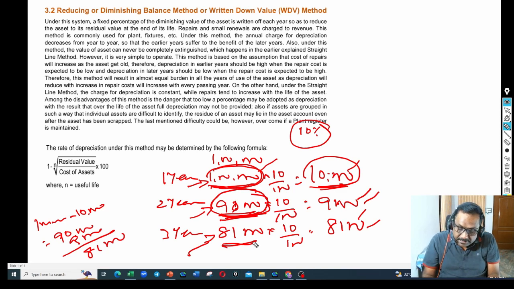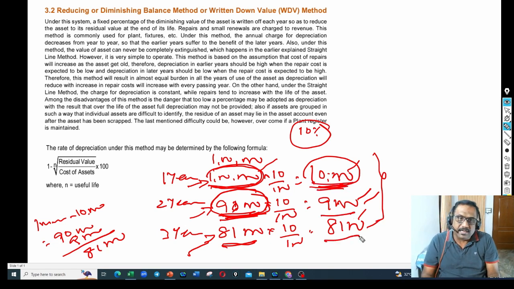Right. I also told you depreciation is also being reduced: 10,000, 9,000, 8,100. So the advantage of this method is, in the initial stages you will be charging a higher value of depreciation. Why? Because you are calculating on the reducing balances method.